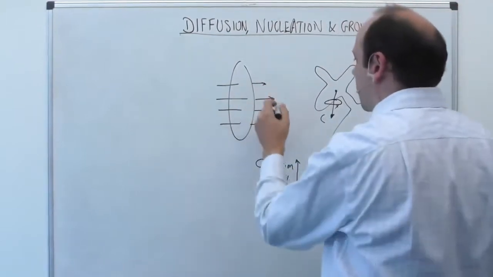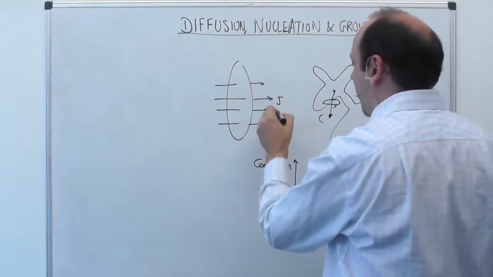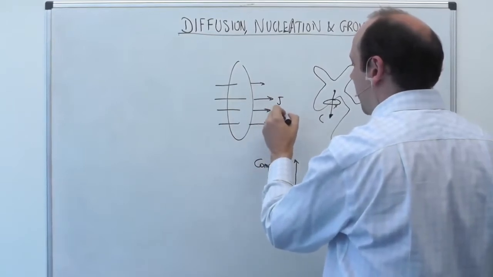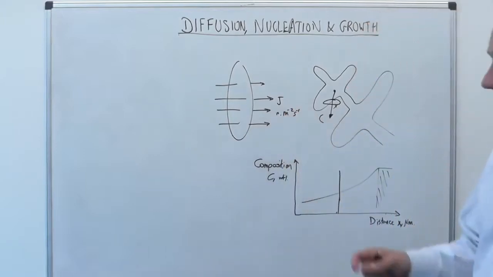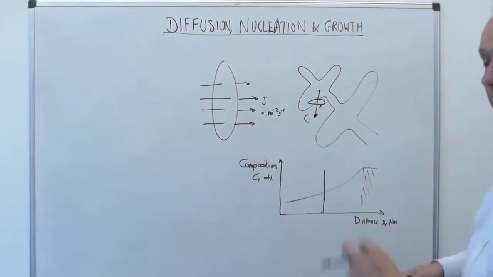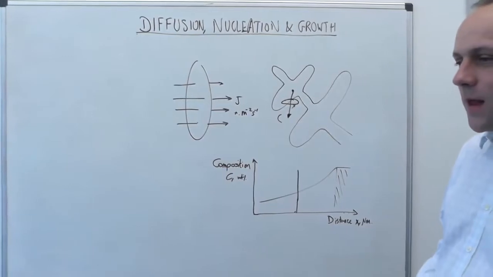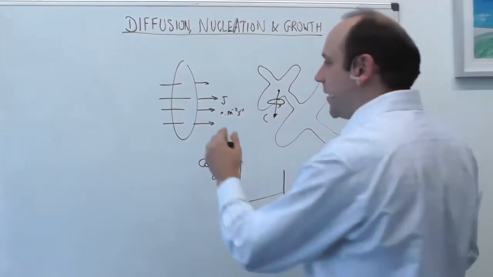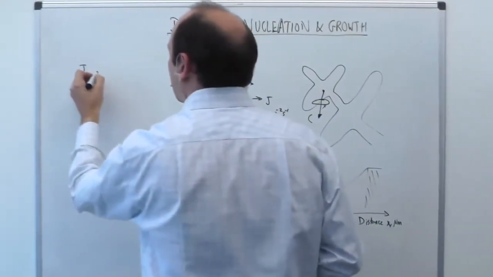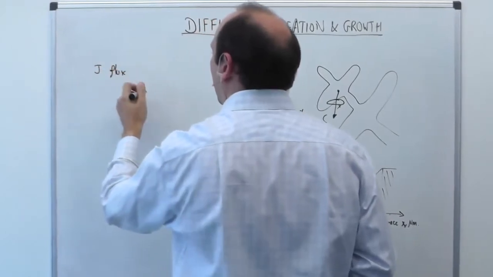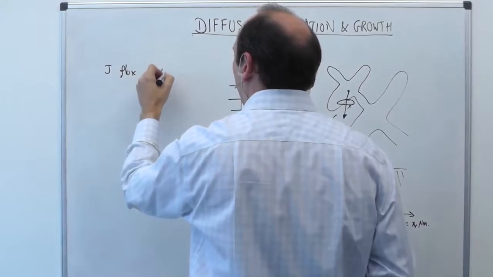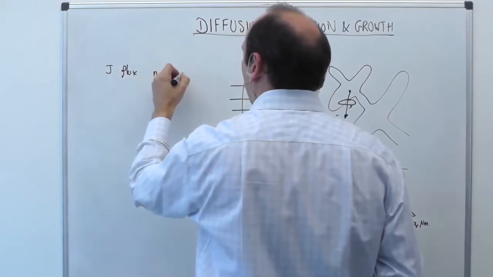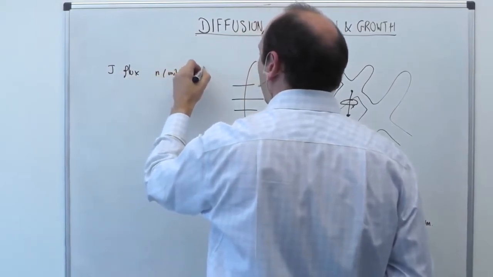That amount we call J. So that's a number of atoms, N, say, per meter squared per second. And that's called a flux, the number of atoms going through this control area. So J here is a flux, in numbers of atoms per unit area per unit time.